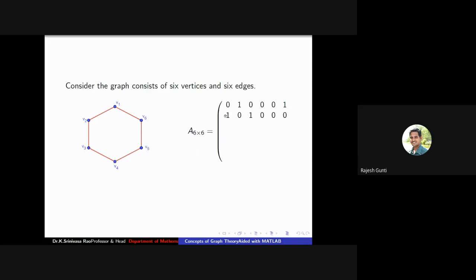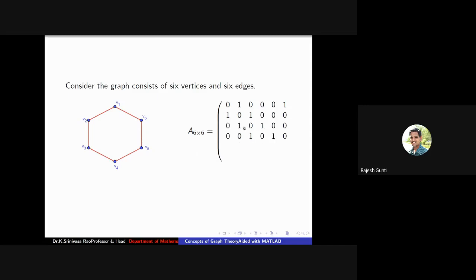Like this, V2 to V1, this is the 2 1 element. There is an edge from 2 to 1, so 1. V2 to V3, there is an edge from V2 to V3.